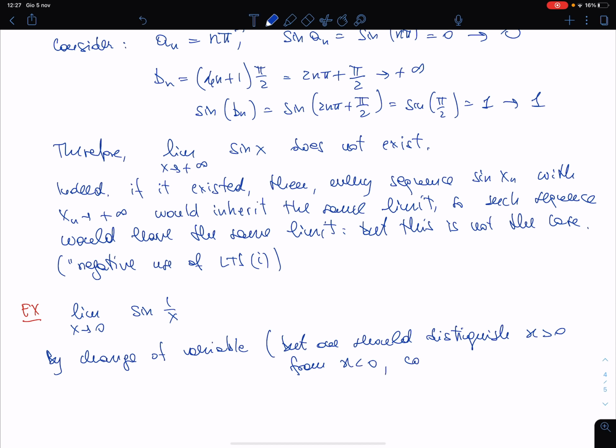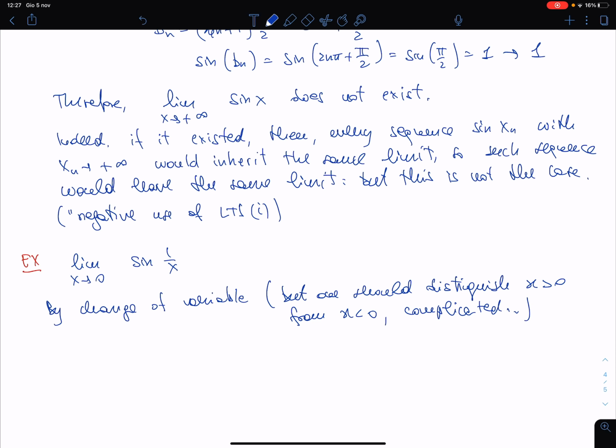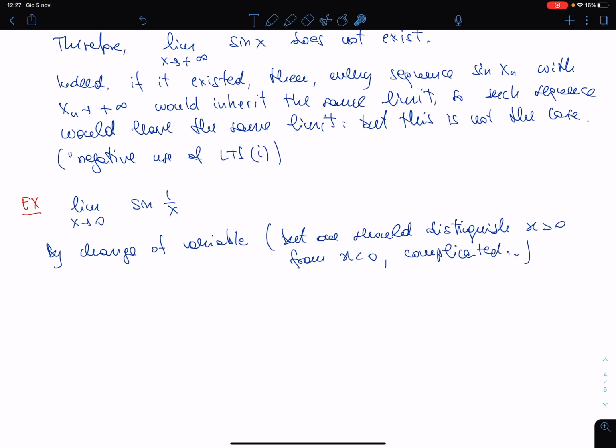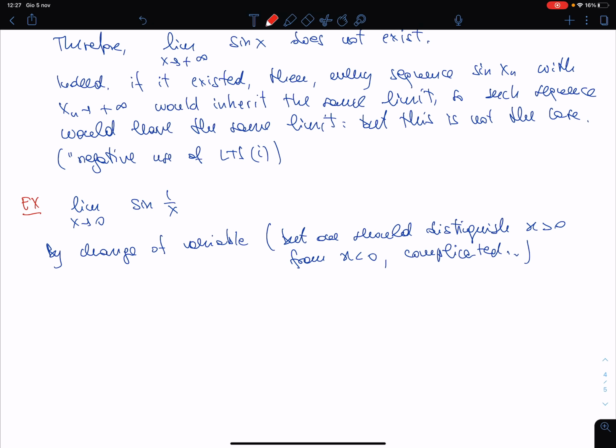It becomes complicated now. At the end of this lecture, it will not be complicated. Of course, the idea is that here you define y equal to 1 over x, that goes to plus infinity, and then you fall on the previous example. But to fix everything now, since we still don't have right and left limit, we will have it with the next video, it becomes quite complicated.